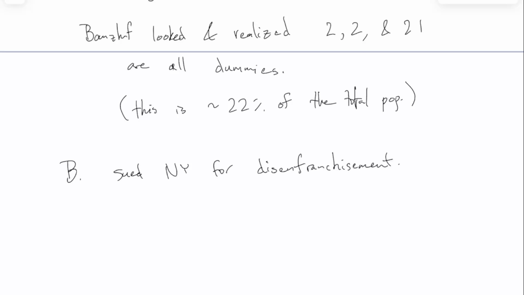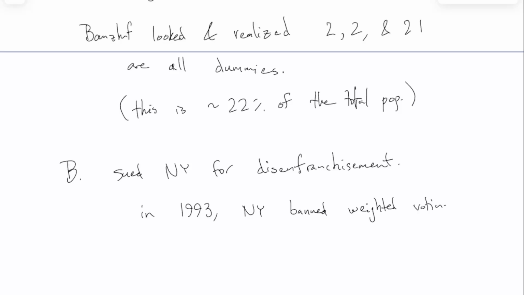All right, and in my opinion, this is a pretty clear case of unjust disenfranchisement, just because of the way the system works. And Banzhaf won his legal case eventually, and as a result of this, in 1993, New York State officially banned weighted voting.